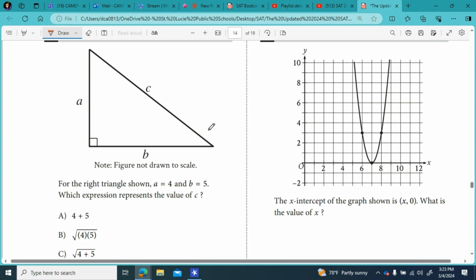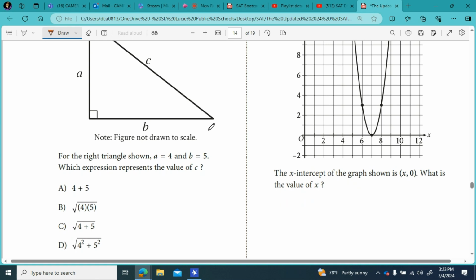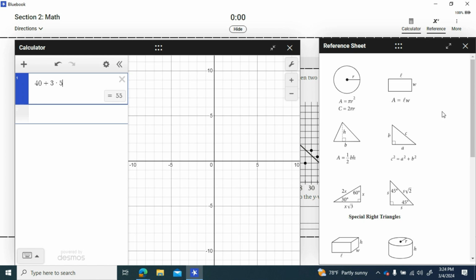Question number 5 says, for the right triangle shown, A equals 4, B equals 5, which expression represents the value of C? And if you look on your reference sheet, they give you something that looks almost just like this.